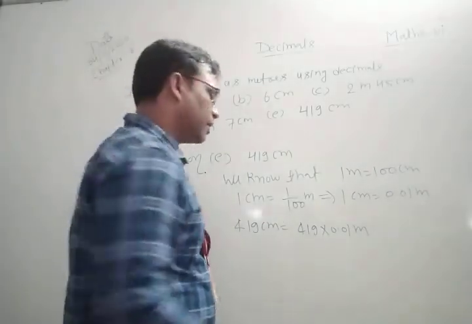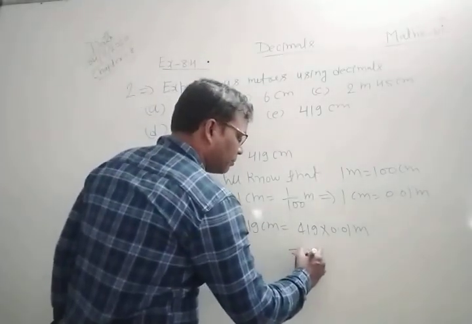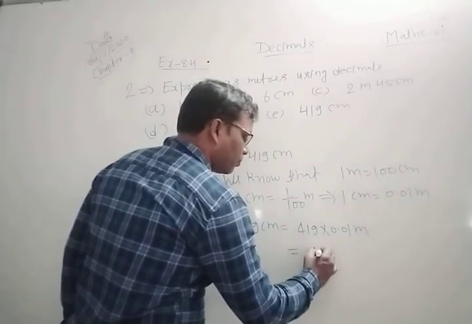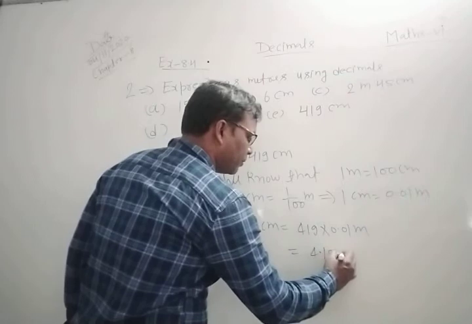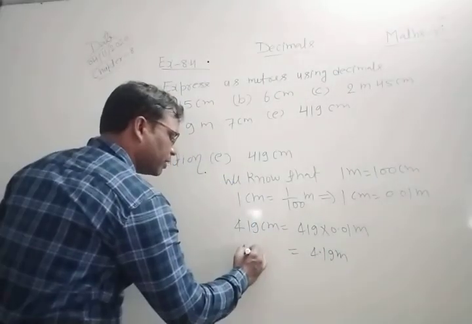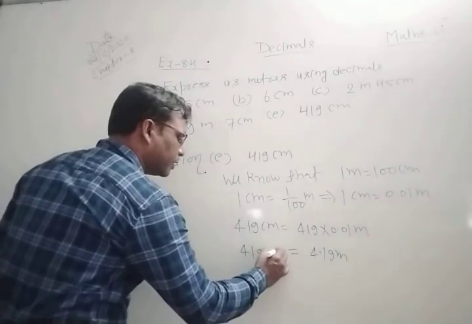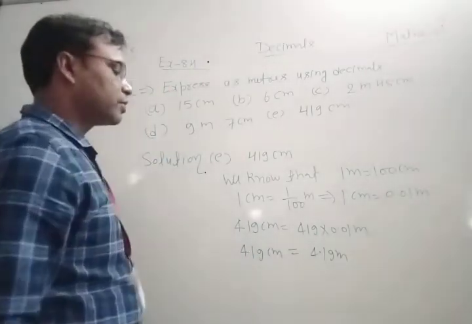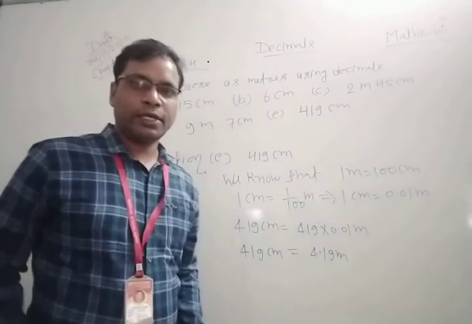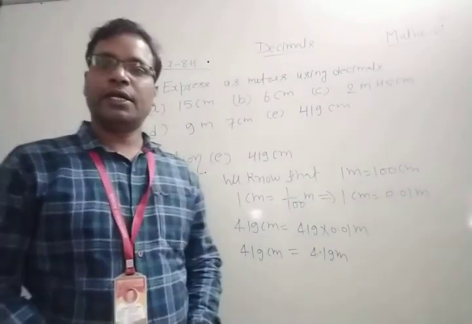This is clear. So here, if you multiply them, this becomes equal to 4.19 meter. So here you can see we can express 419 centimeter as 4.19 meter. So student, I hope all of you understood this question.